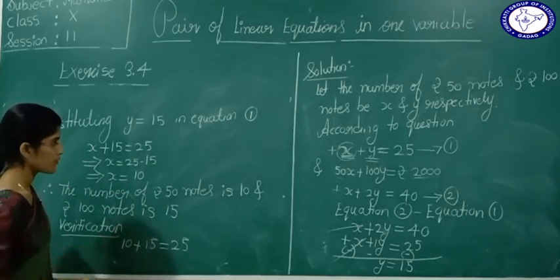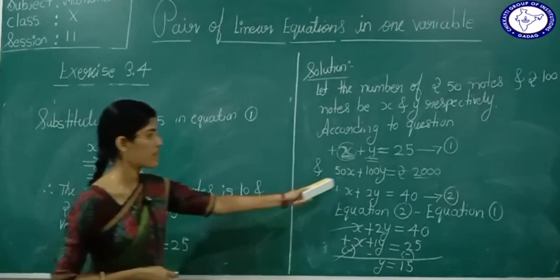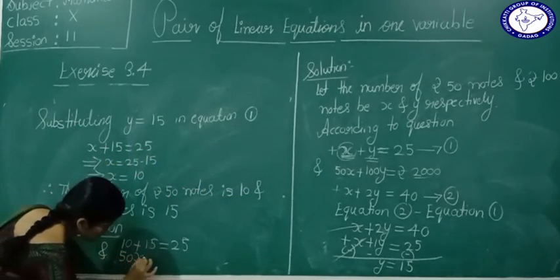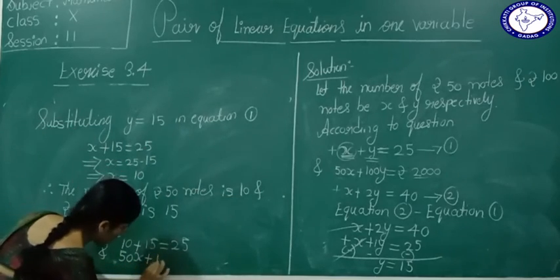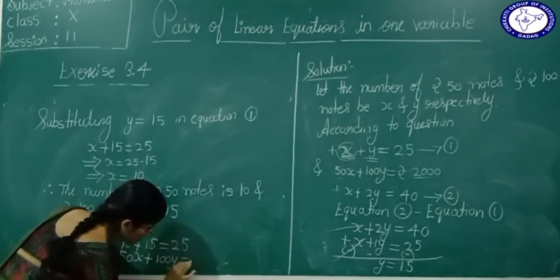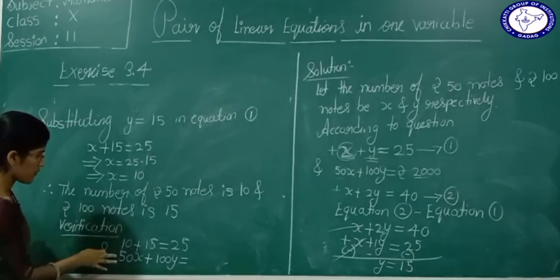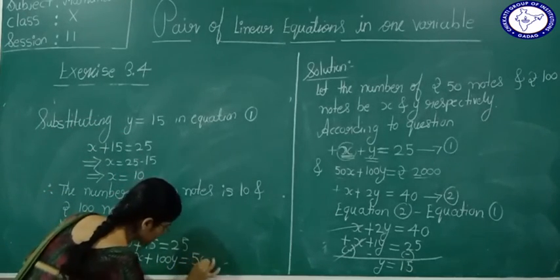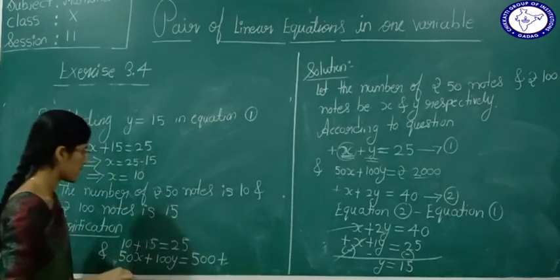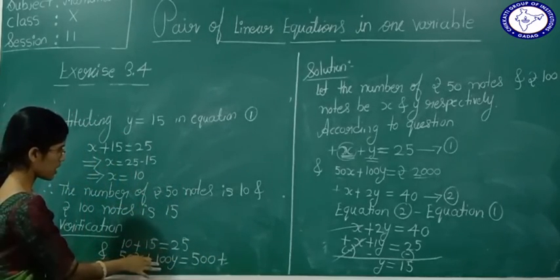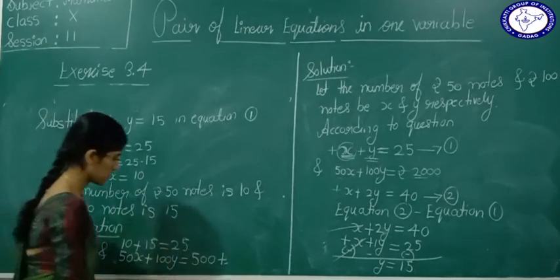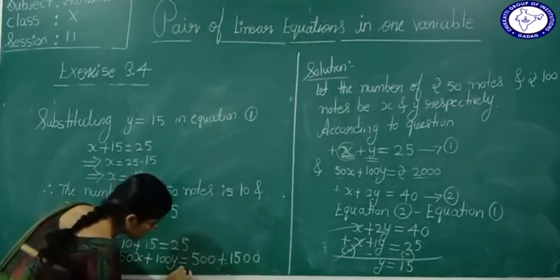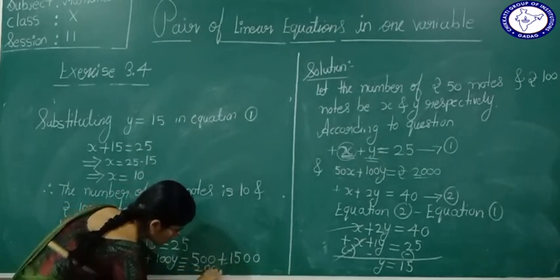Now 50x plus 100y should be 2000. 50 into 10 is 500 rupees, plus 100 into 15 is 1500. 1500 plus 500 is 2000.